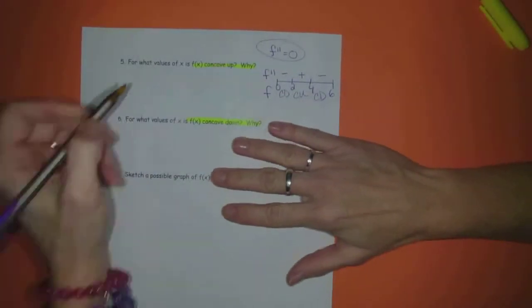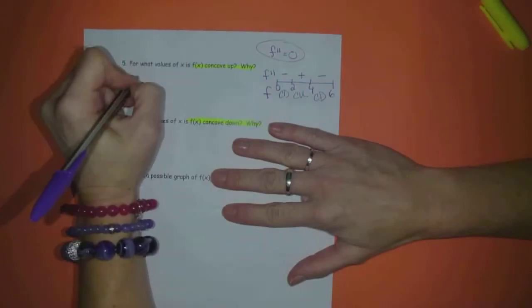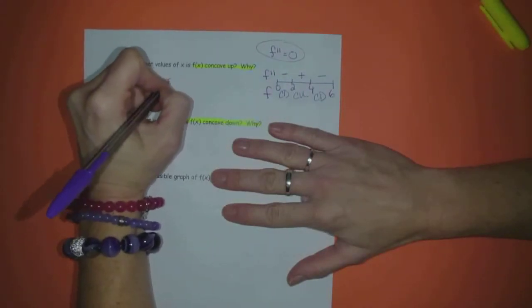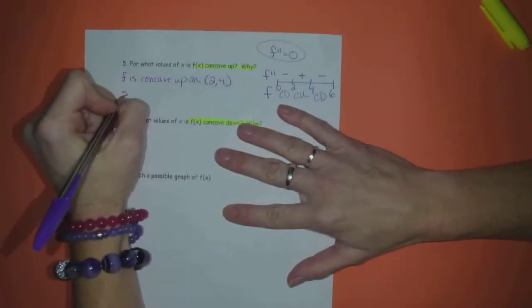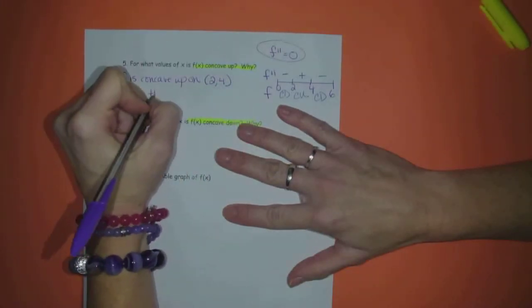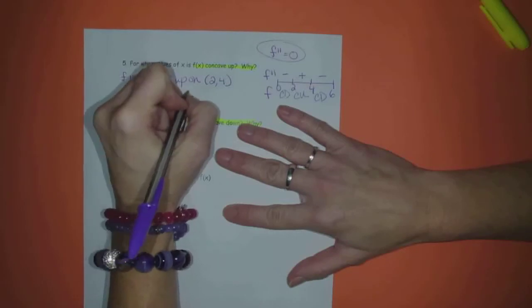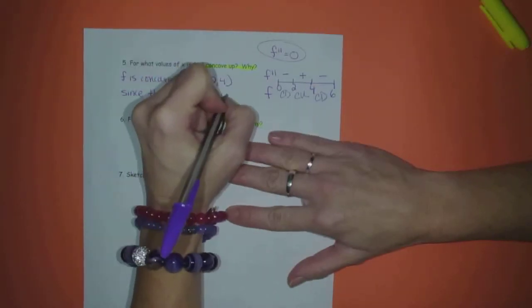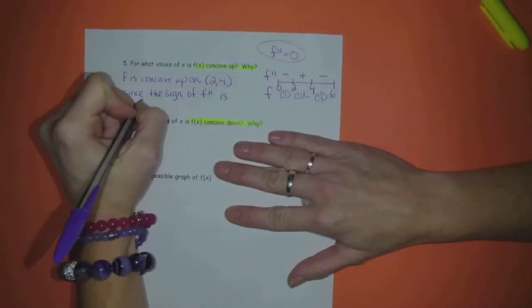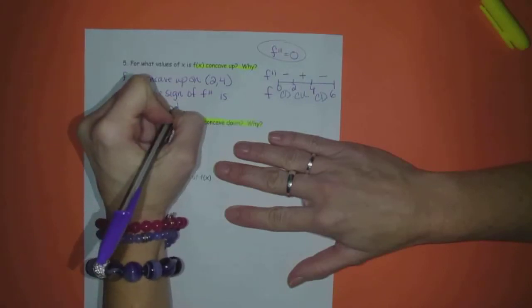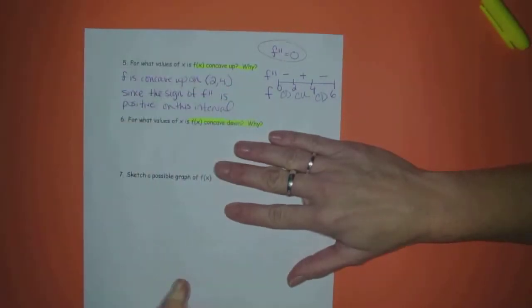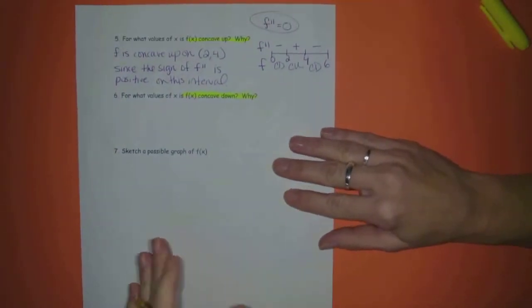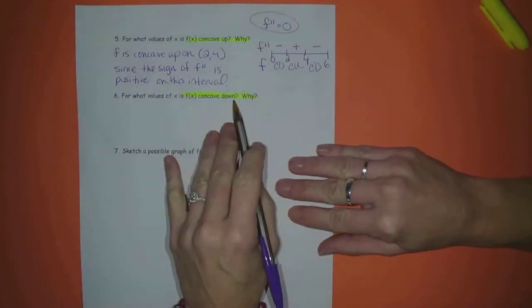So f is concave up on 2 to 4, since the sign of f double prime is positive on this interval. Simple. Likewise, where are we concave down?